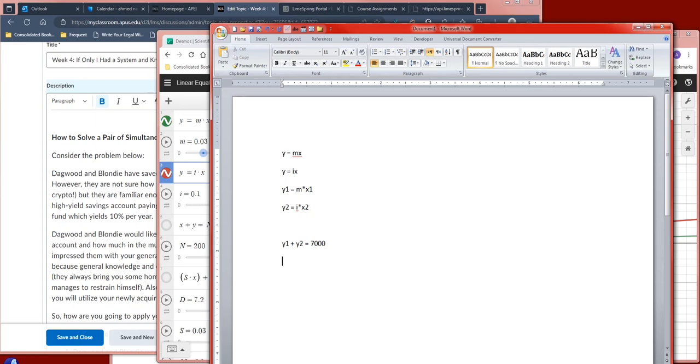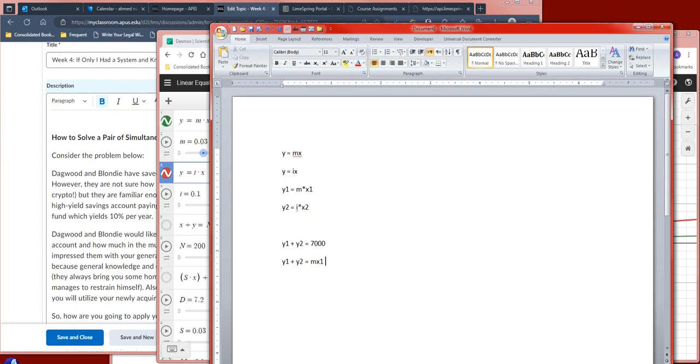And then we can also combine the right-hand sides of the equation form, and we could write Y1 plus Y2 equals MX1 plus IX2.